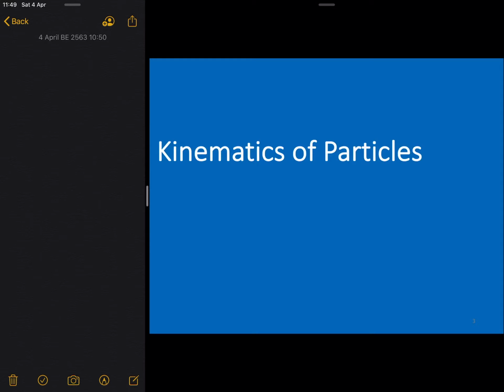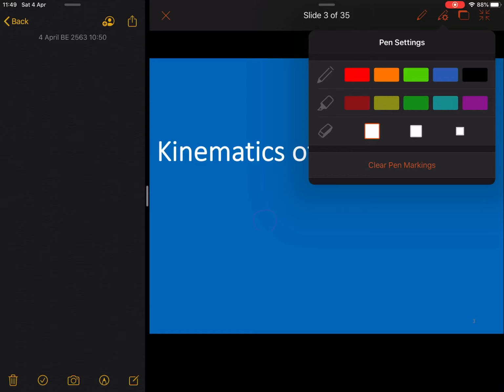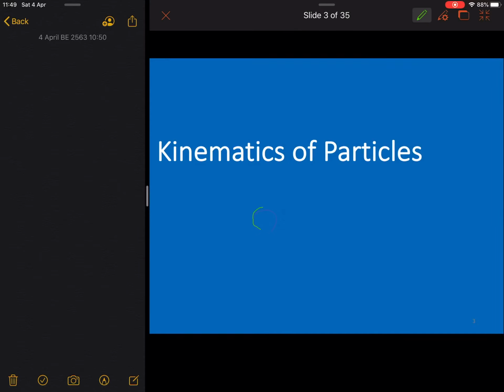For example, if we have a human, instead of drawing the whole human body, we focus on only a single point. We say this single point represents the body of the human.